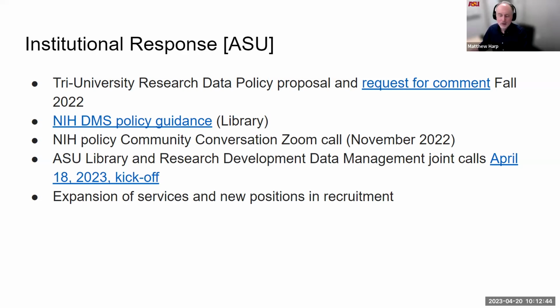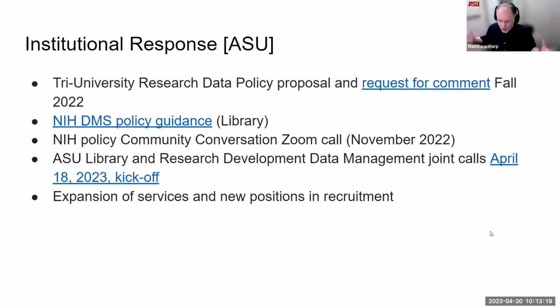With that in mind, we had a conversation amongst NAU, U of A, and ASU about the need for actual dedicated research data policies, because while we had data policies at our universities, they were typically directed towards administrative or student data, business, that sort of thing, but not necessarily to the nuances which we typically consider with research data. For example, research data needs to be retained much longer than just legal requirements for business data, right? Because it can be reused for other projects.